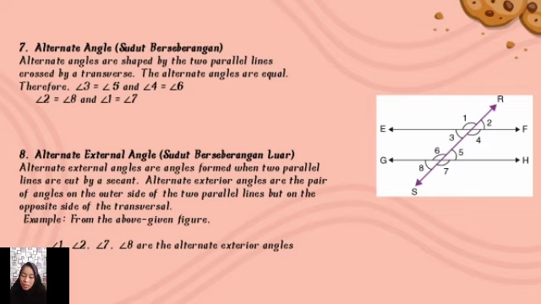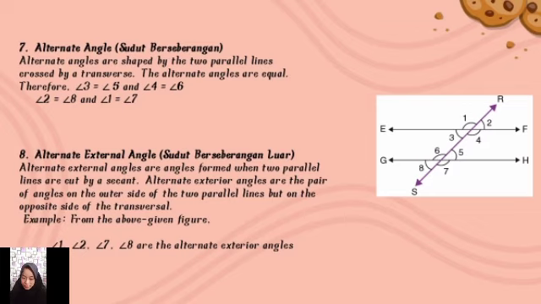Therefore, angle 3 equals angle 4. Therefore, angle 3 equals angle 5, and angle 4 equals angle 6. Angle 2 equals angle 8, and angle 1 equals angle 7. You can see in this picture.